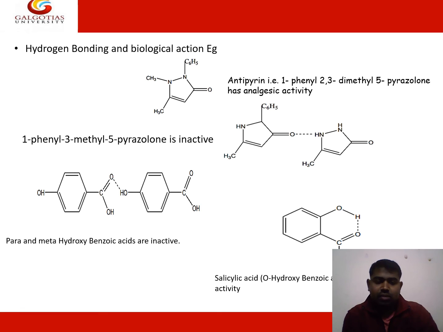In similar cases, para and meta hydroxybenzoic acid are inactive because they have intermolecular bonding. In a similar way, salicylic acid has an intramolecular hydrogen bond, and because of this hydrogen bond it shows some analgesic activity or antifungal activity.